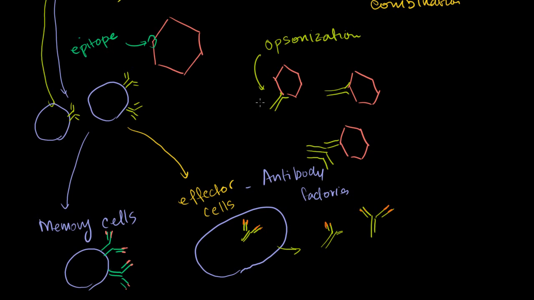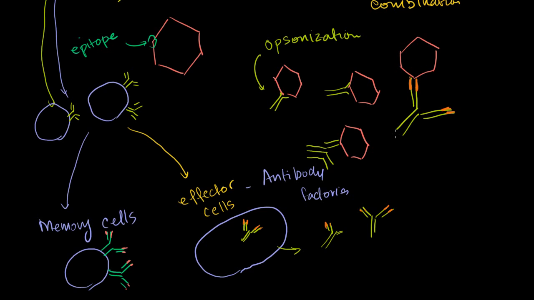And then the other thing is that on each of these antibodies, you have two identical heavy chains. I'll draw it like that. And then two identical light chains. And then they have a very specific variable portion on each one. And each of these branches can bond to the epitope on a virus.